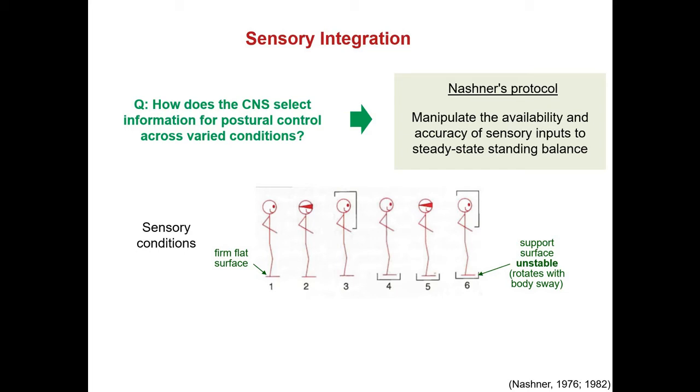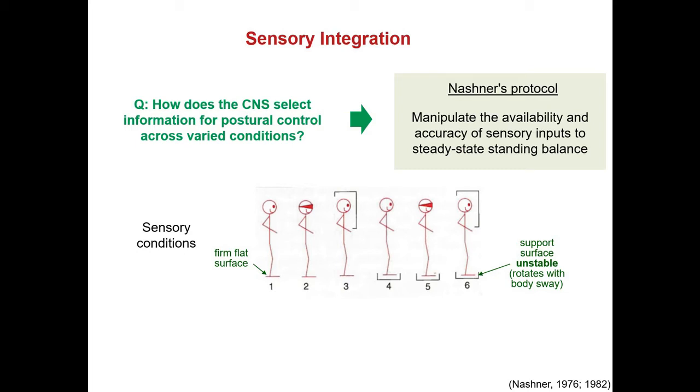In simple terms, the person is standing with a box on their head. In this condition, the participant can clearly see the inside of the box, that is, the inside of the box is illuminated, but the sight of the box is telling the participant nothing about how they're swaying relative to the environment. This is because the box sways with their movements.